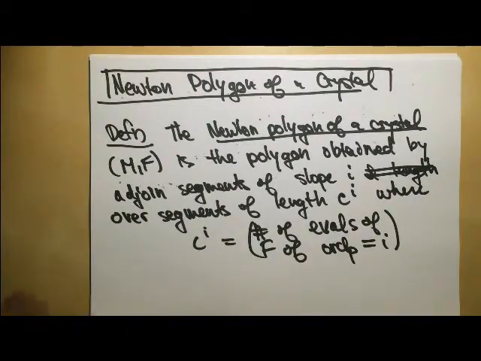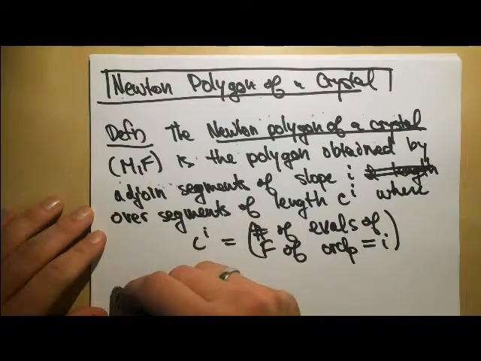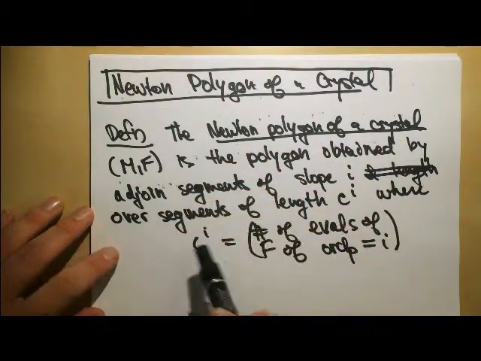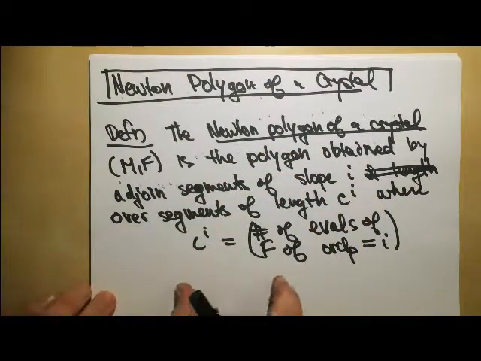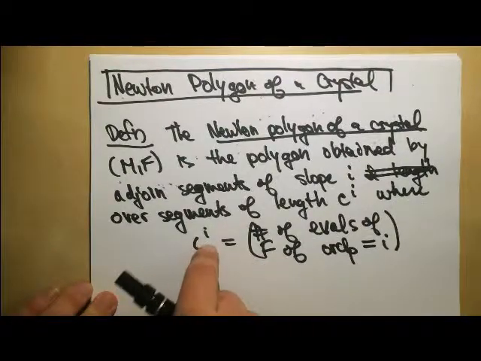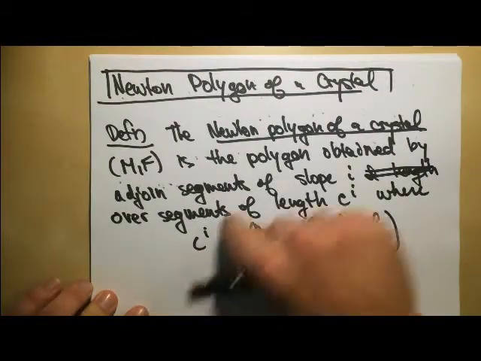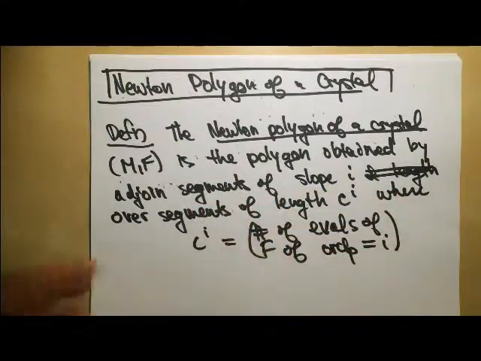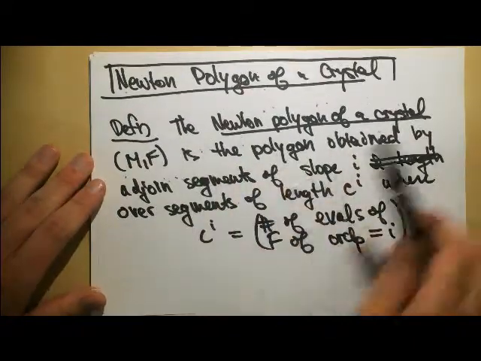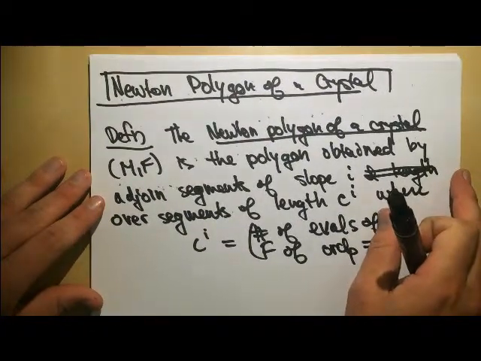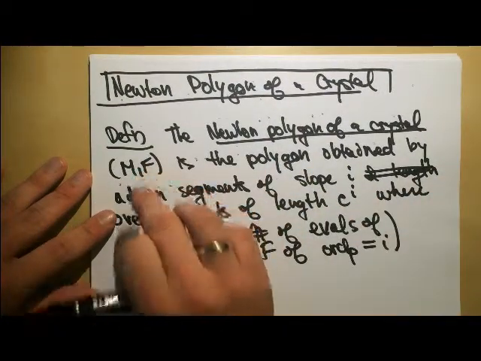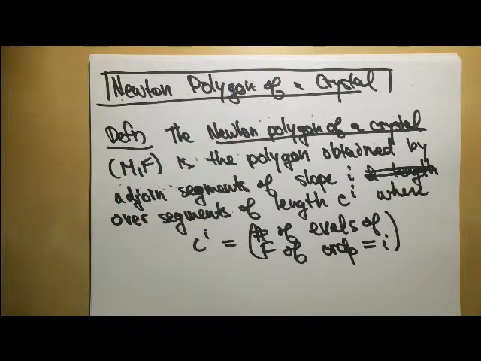And we make this new polygon where, over an interval of however many things are in the basket, we take a segment of slope I for the ith basket. This is a way of encoding the information about the eigenvalues of the Frobenius.